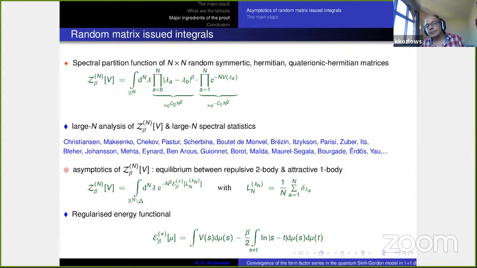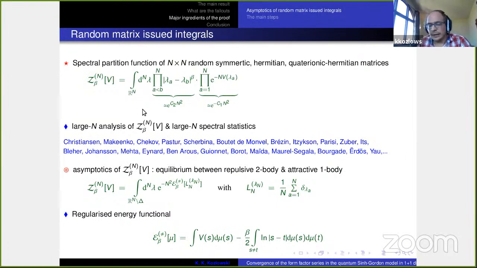If you consider a set of random matrices, say Hermitian, quaternionic Hermitian, or symmetric matrices, in some potential V, you can reduce the study of the partition function of such a random matrix model to an integration over the eigenvalues of such matrices, and you get an ensemble which is a product of Vandermonde to some power beta. Beta can be 1, 2, or 4 in the case of the random matrices I mentioned, and you have an external potential e to the minus n V of lambda. And then the overall idea is that you're interested in the large n behavior of such an n-fold integral.